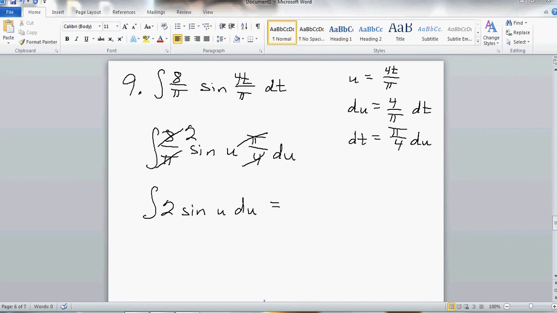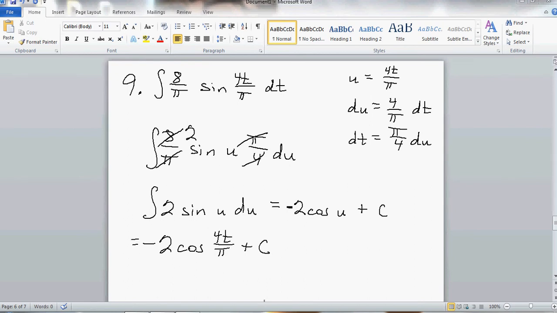So when we integrate this, we get 2 times the integral of sine, which is a negative cosine of u plus c. So let's see, this becomes negative 2 cosine of 4t over pi plus c.